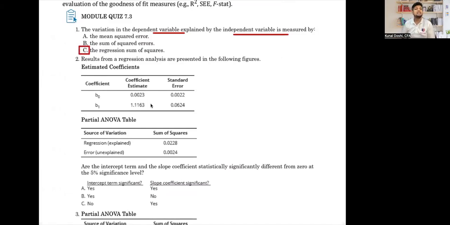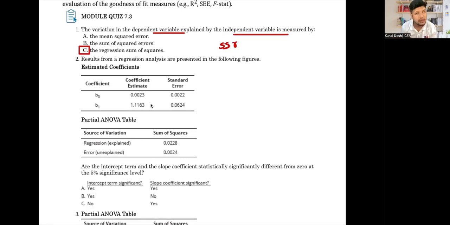Not exactly our RSS. Remember RSS, or SSR, sum of square regression? It means the explained. Basically, they are asking you how much of the risk is explained due to market. The rest is residual. Residual is sum of square error.